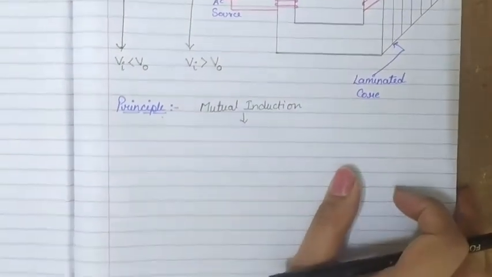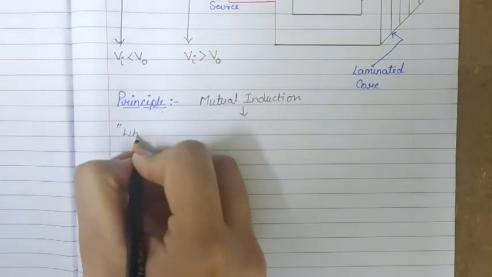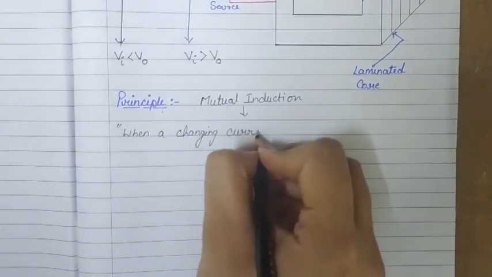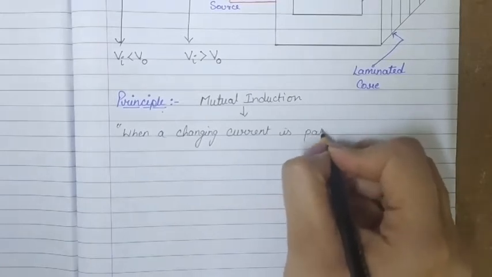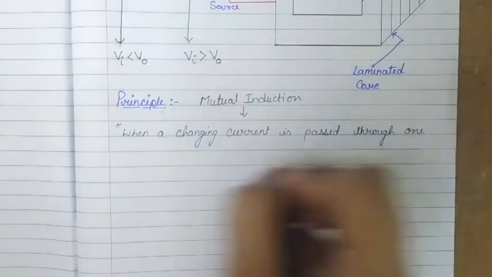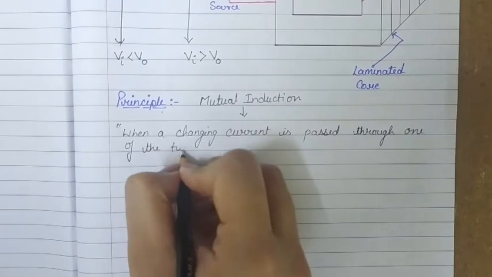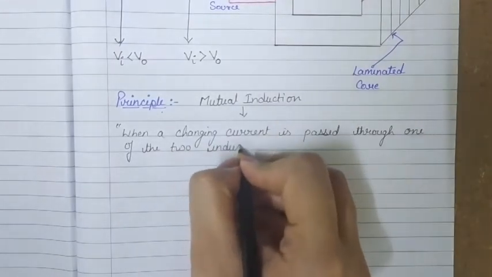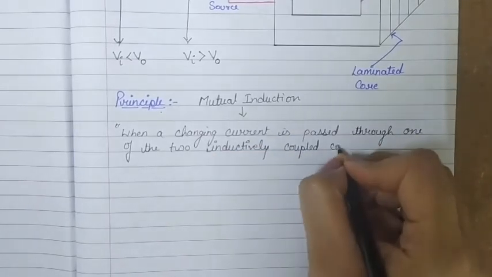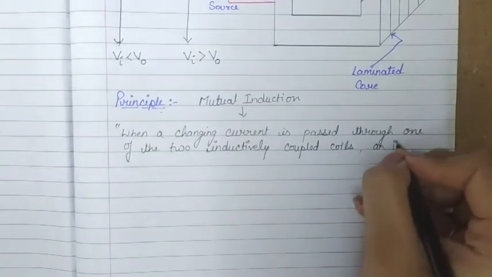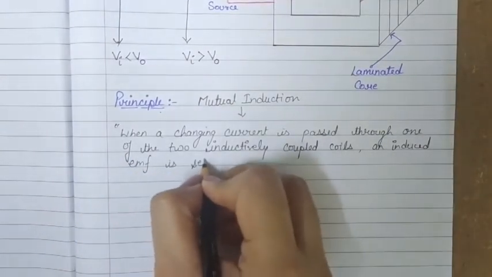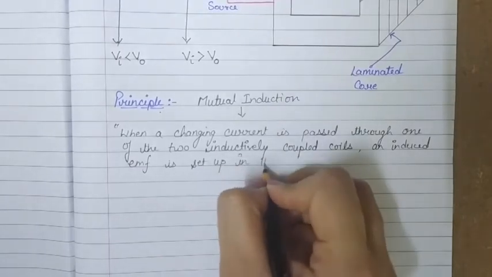Or in statement we can say that when a changing current is passed through one of the two inductively coupled coils, an induced EMF is set up in the other coil.